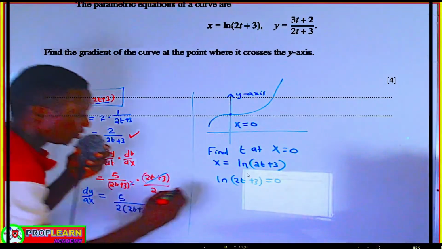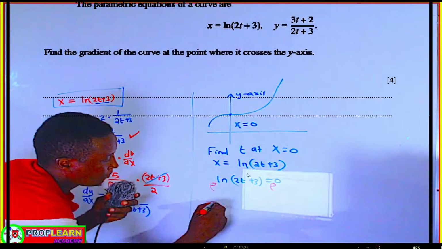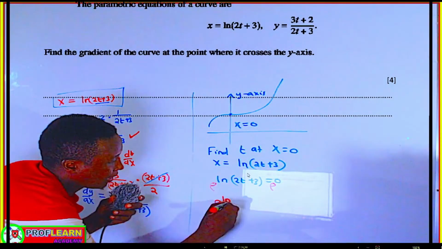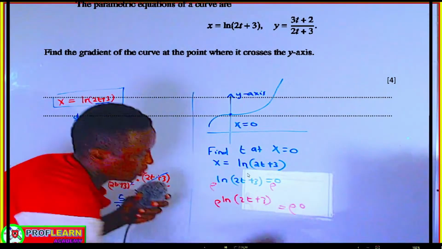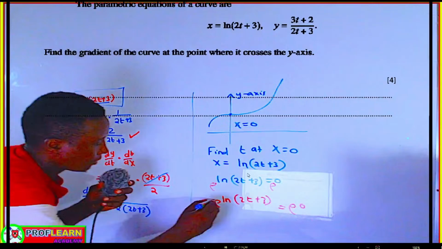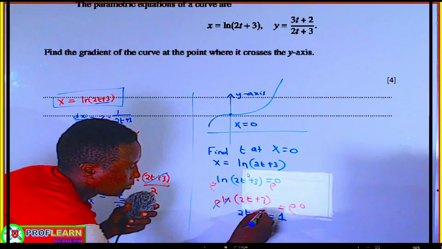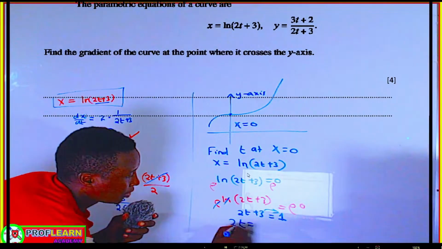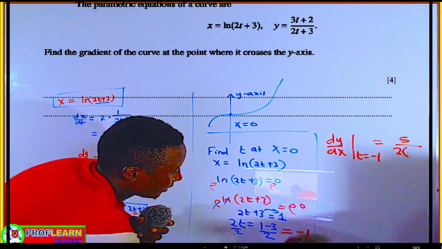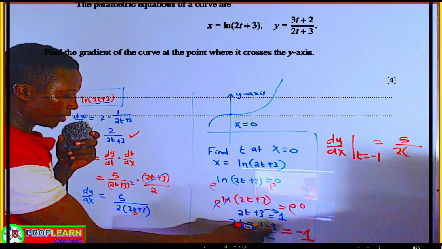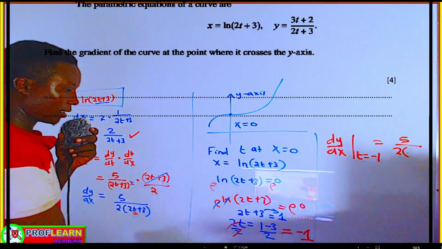In order to find the value of t at this point, we take the exponent of both sides, so e to the ln of (2t plus 3) is equal to e to 0, and the exponent and ln cancel out. We shall have 2t plus 3 equal to 1, so 2t equals 1 minus 3, which is negative 2, divided by 2 on both sides, and we get t equals negative 1.